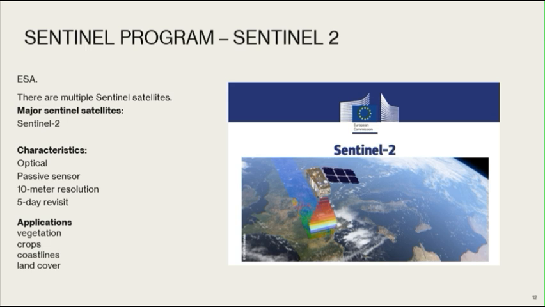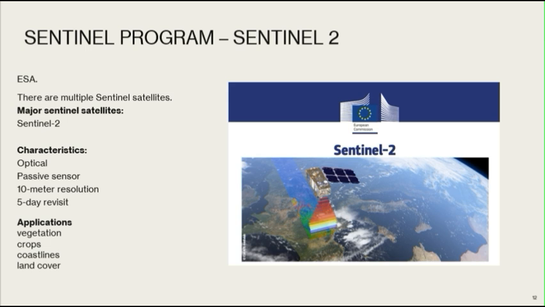Unlike Landsat, which is a US mission, the Sentinel satellites are operated by Europe as part of the Copernicus Earth Observation Program. Rather than having a single satellite, the Sentinel program consists of several satellite missions, each designed for a different purpose. For this course, we'll focus primarily on Sentinel-2, which is an optical satellite similar to Landsat. Later we'll discuss Sentinel-1, which uses radar, a different type of sensor.